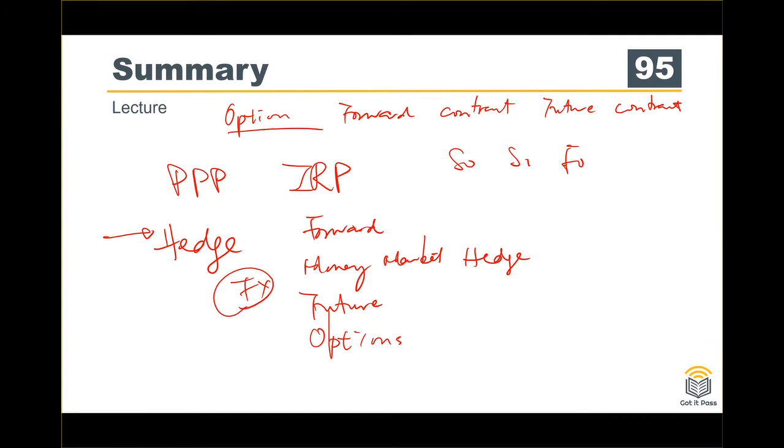And also we mentioned the interest rate hedge: forward rate agreement, options, also futures.